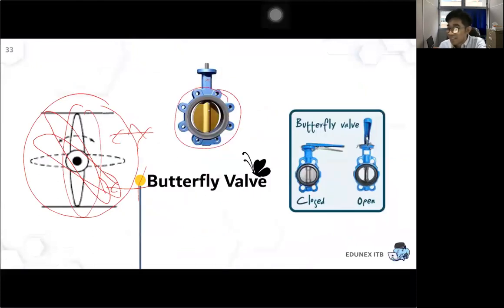Okay, I understand, sir. Thank you. And it can be used to adjust the flow rate. The gate valve can, but normally it's not for adjusting the flow rate.